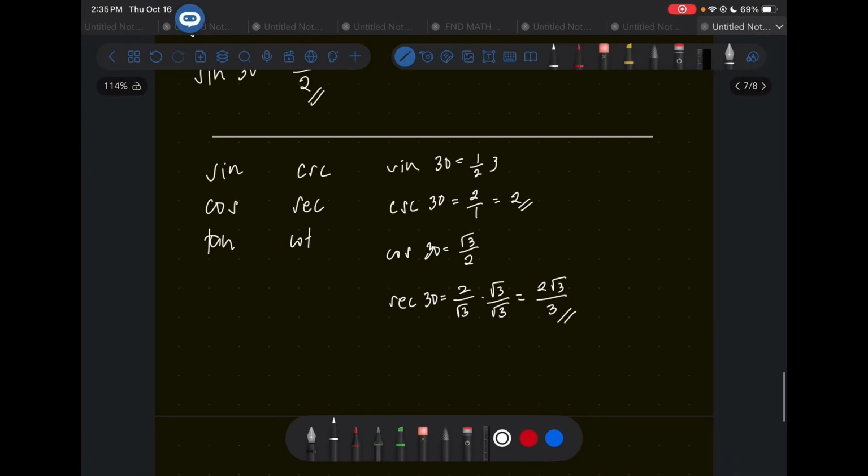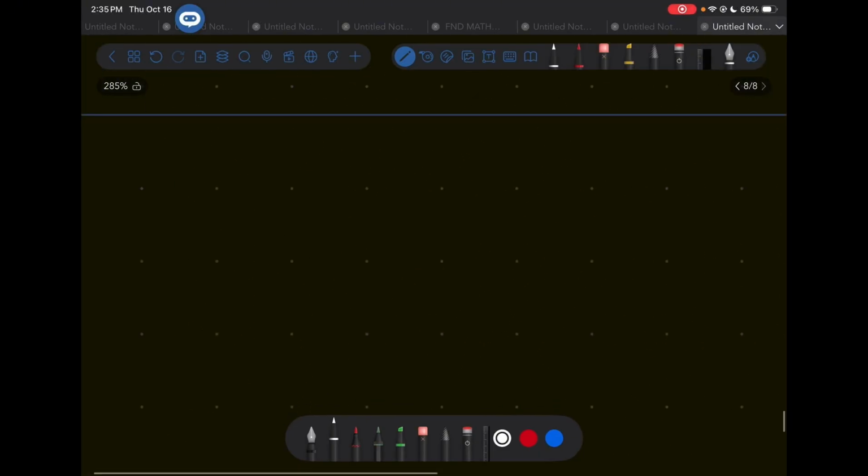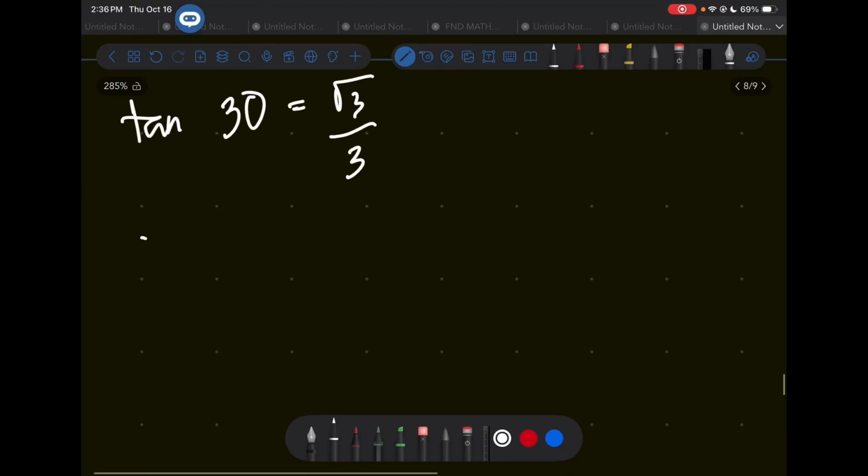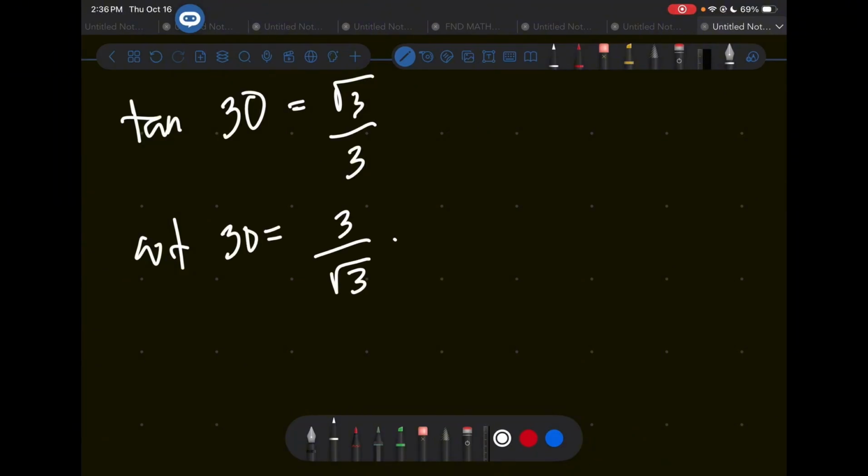Okay, let's try cotangent. Tan 30 from our rule is going to be square root of 3/3. Cotangent 30 is going to be 3 over square root of 3.